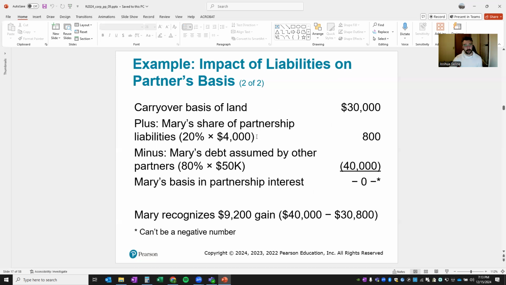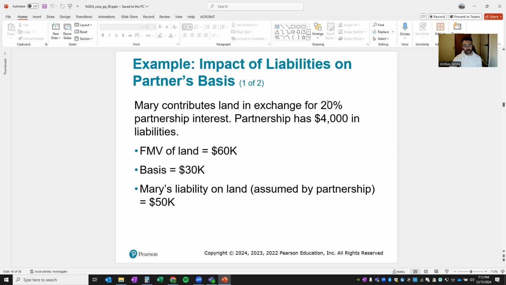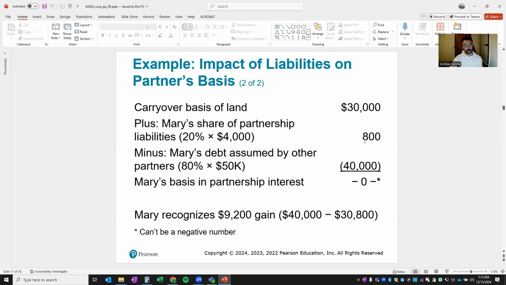Mary's share of the partnership liabilities is 20% of the $4,000, which is a gain of $800. Mary's debt assumed by other partners is less $40,000. Mary's basis in her partnership interest is 0, right? It can't go below 0. So Mary recognizes $9,200 gain.